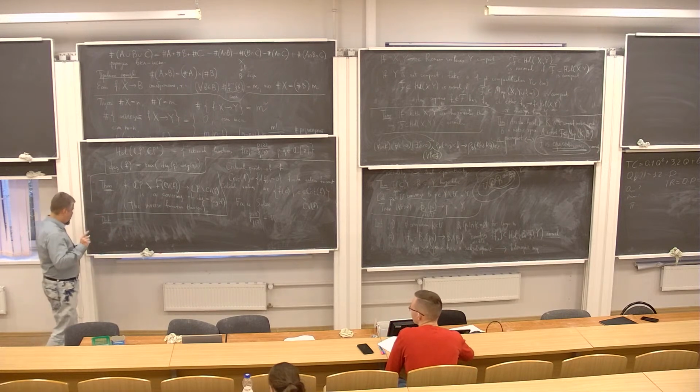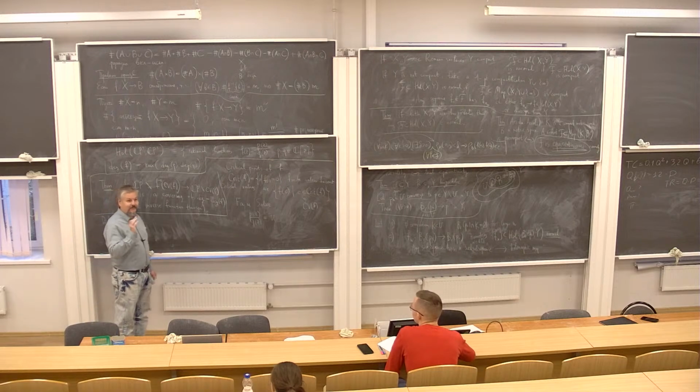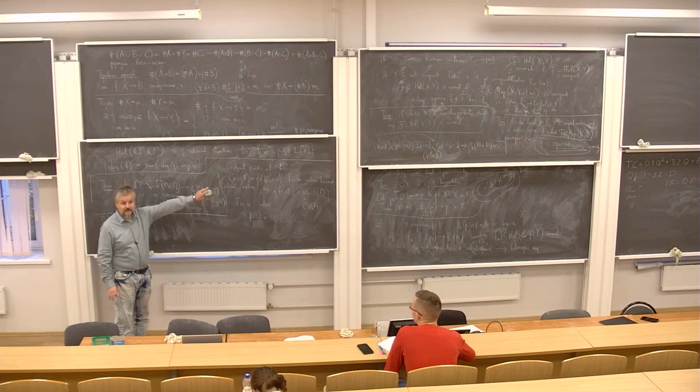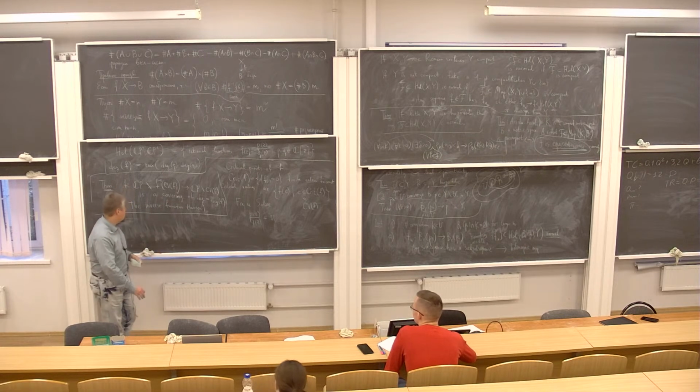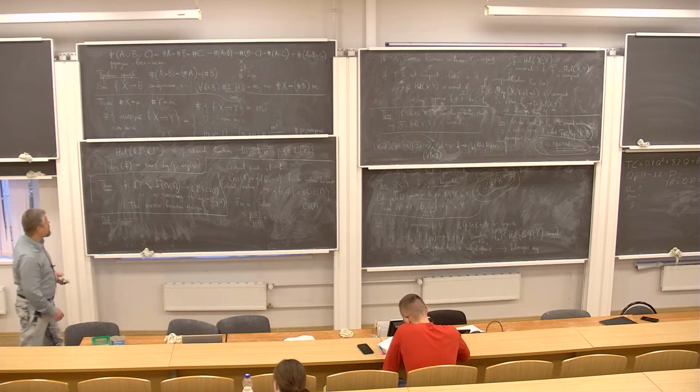I know what I forgot. I forgot to state Montel's theorem, which is really very important, but it's an easy consequence of what we discussed. So let me first give a definition of the Fatou and Julia set, and then I state this theorem. So the definition is as follows.